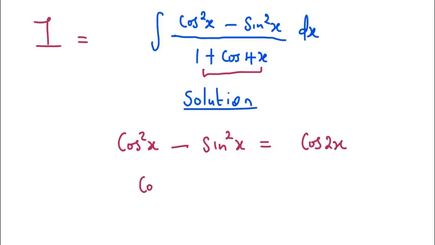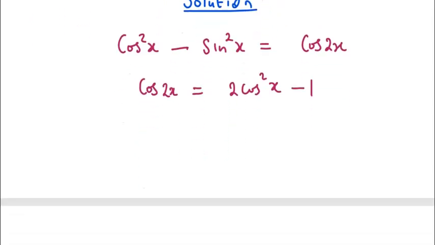We know that the cosine of 2x is equal to 2 multiplied by the cosine squared of x minus 1. Now, let's think about the cosine of 4x using this idea.